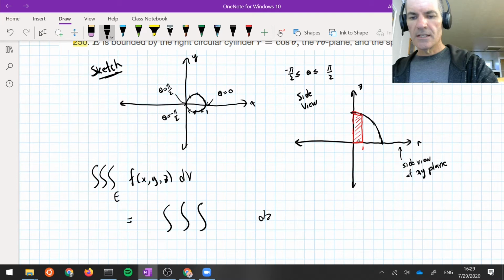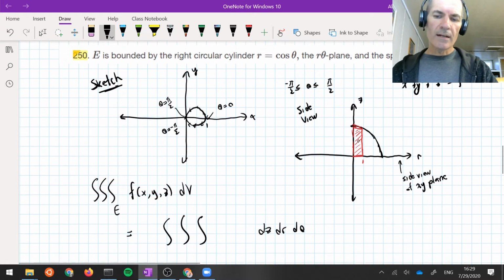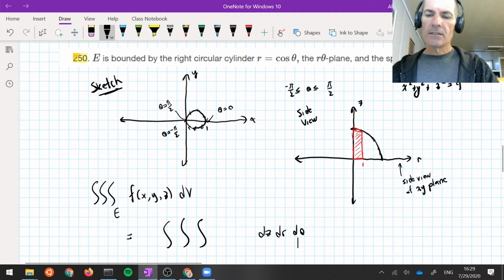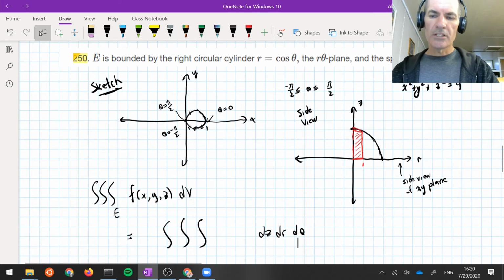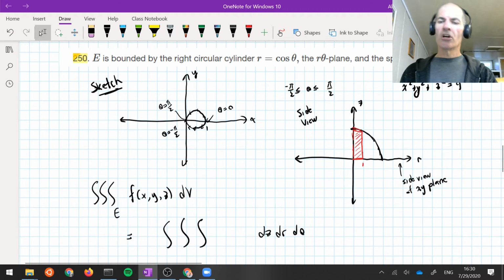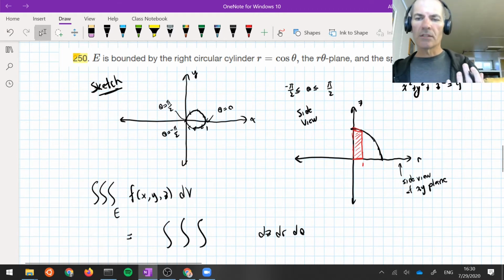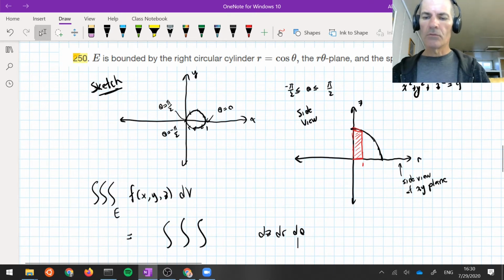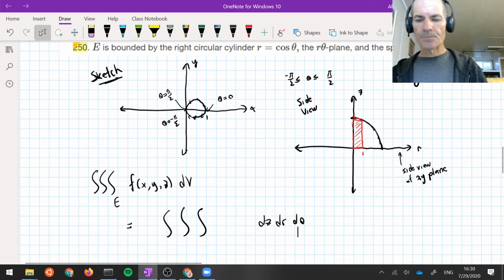So we're going to go dz, and then we'll do r, and then we'll do theta. Why not d theta dr? The reason for that is r actually depends on theta. So we have to do our r integration before we do our theta integration. Otherwise, the variables that describe the r coordinate will be unresolved by this integration.